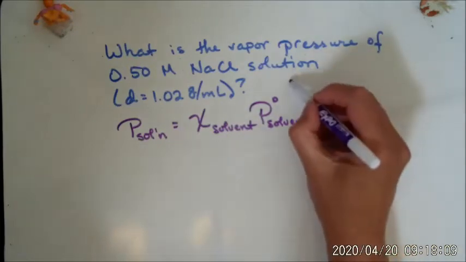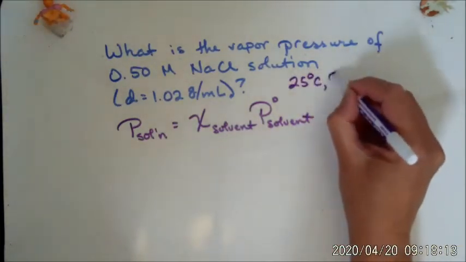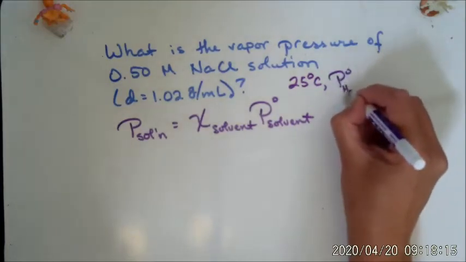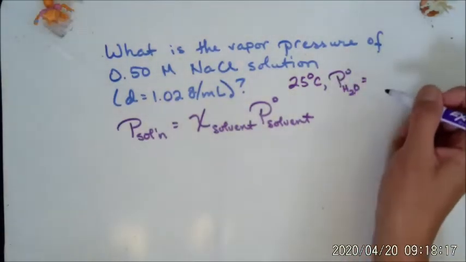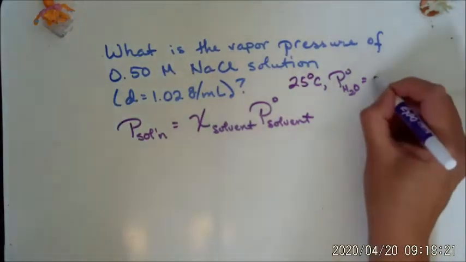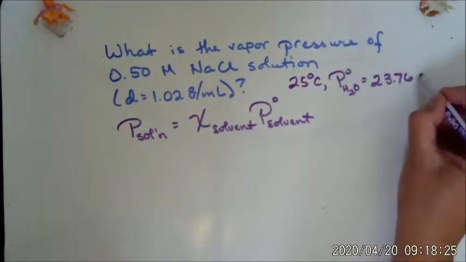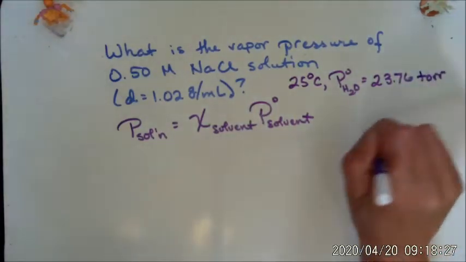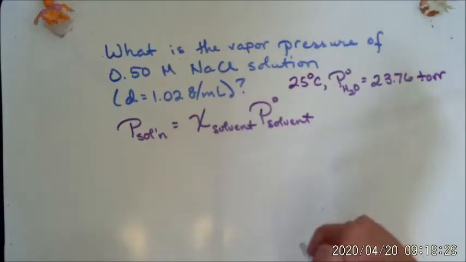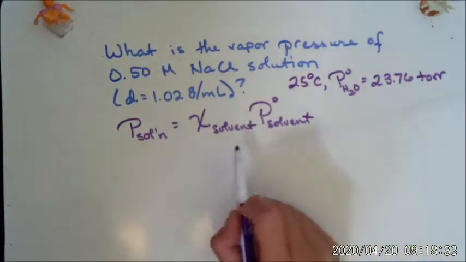So let's say this is going to be at 25 degrees Celsius, and the vapor pressure of water at 25 degrees Celsius is 23.76.